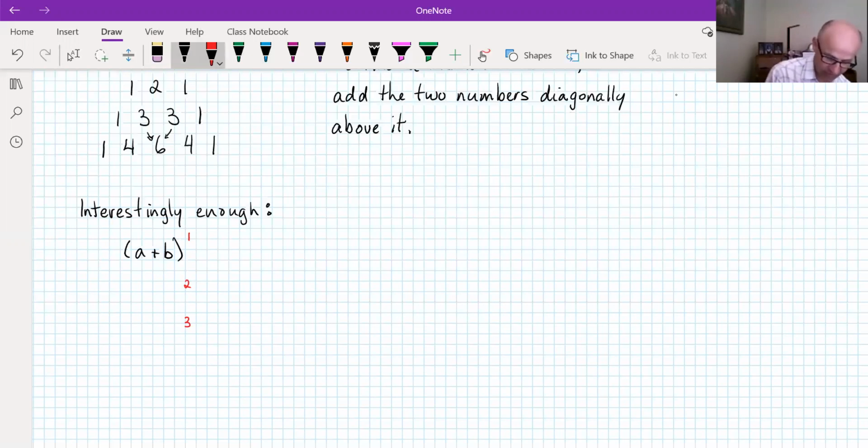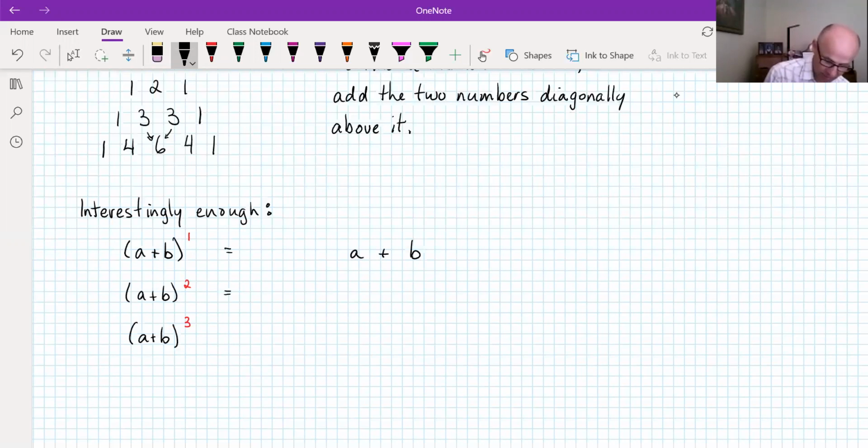I'm choosing these very, very simple ones because they are ones which pretty much all of us can do in our head at this point in the game. A plus b to the power of 1 is just a plus b.